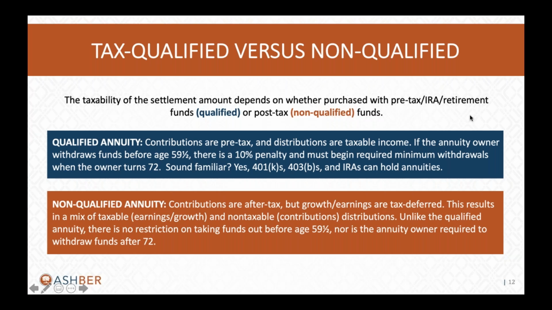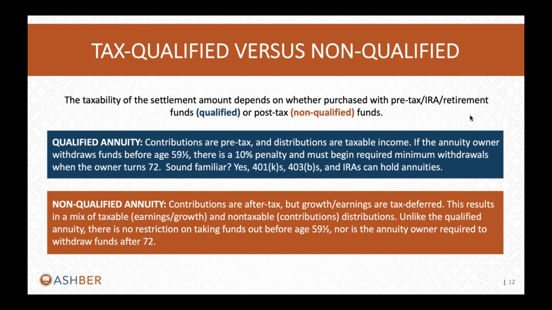When we look at the taxability of cashing out an existing annuity contract, this is really going to depend on whether the annuity was purchased with qualified funds or pre-tax dollars, or if the money used to purchase the annuity was post-tax or non-qualified funds.